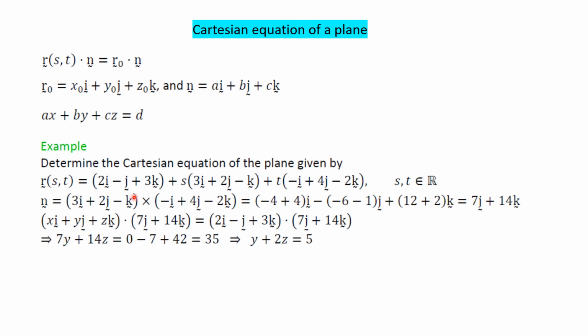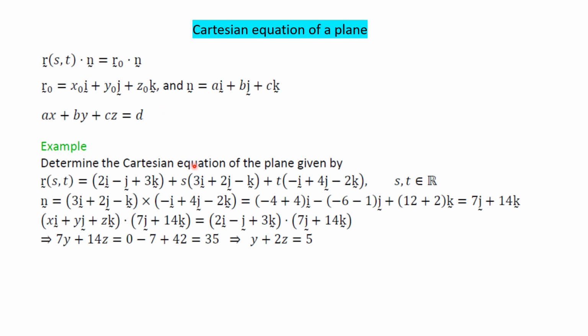Okay. All right, so in this example, you have your r, which is the vector equation, and you want to work out a Cartesian equation. So you need R0. You can pick this point here to be your R0. And then your vector n.